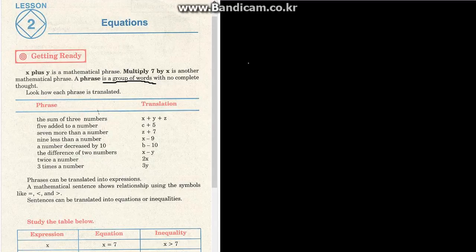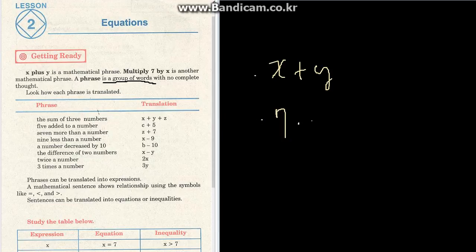So what does that mean? Like for example, x plus y is a mathematical phrase, or 7 times x is another mathematical phrase. So let's find out some mathematical phrases.